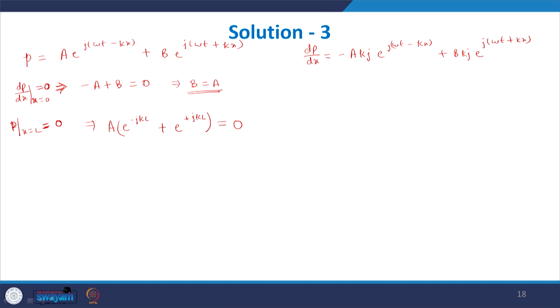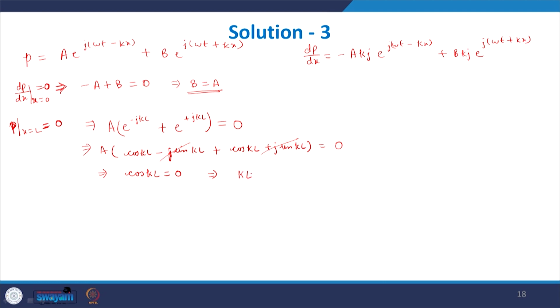Using Euler's relation, we get cos kL minus j sin kL plus cos kL plus j sin kL, and this entire thing will be 0. So the sine terms cancel out, and overall we get that cos kL has to be 0 because A is non-zero.